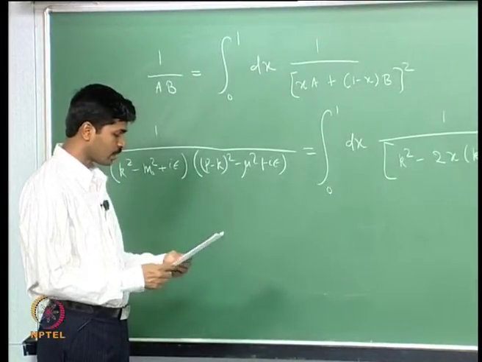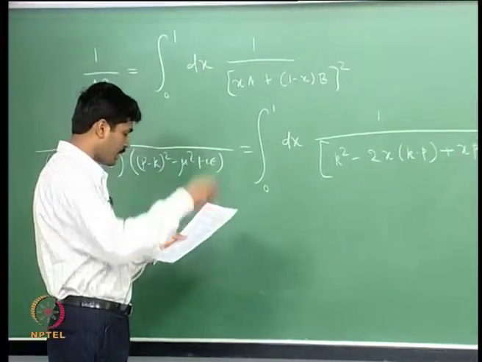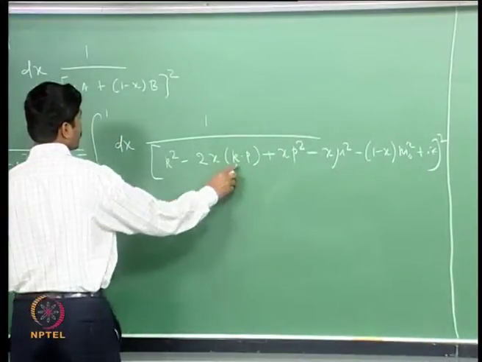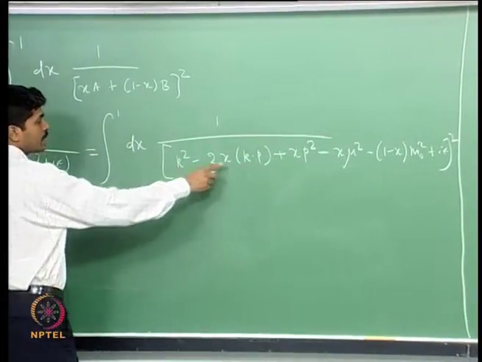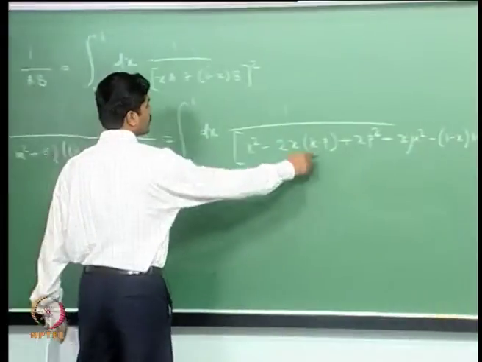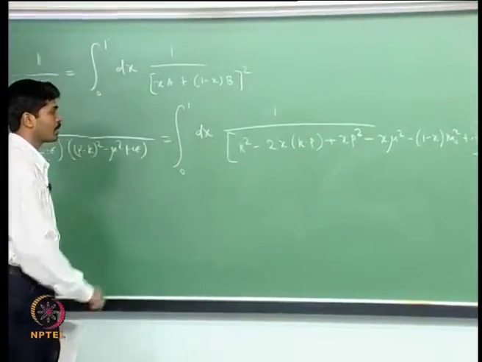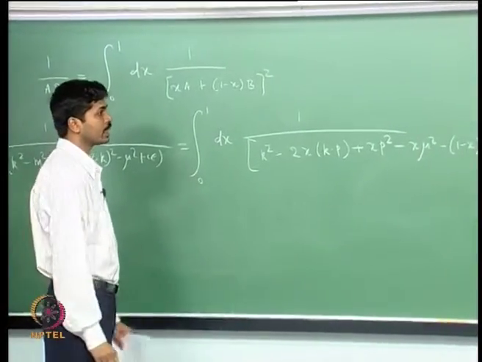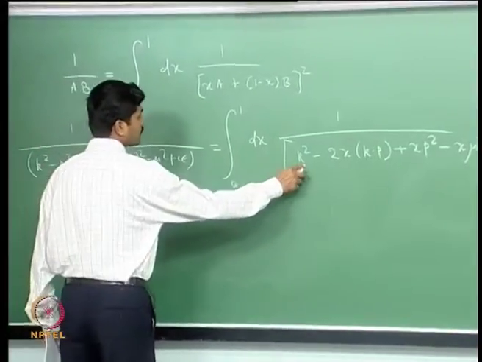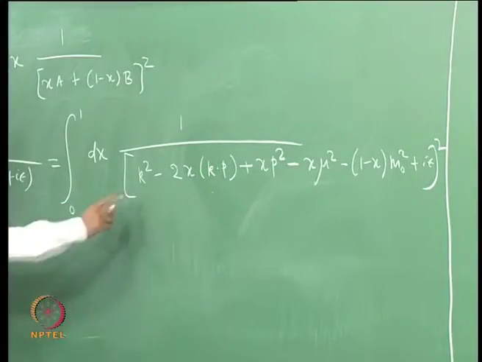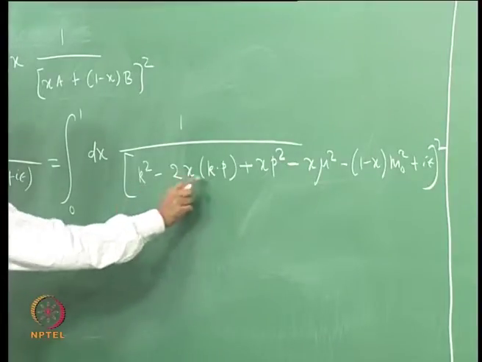What I would like to do is again complete the square here. There is a quadratic term in k and a term which is linear in k. So I will write this as a complete square, so that we can do the d4k integration. Remember, this k is the loop variable, and we have to integrate over all values of k, and to do the integration I need to complete this square.